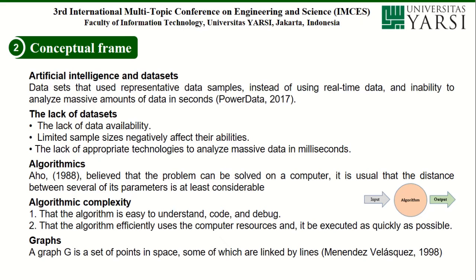Another concept is algorithmics. Knowing what problem is going to be solved is only half of the job. In dealing with problems, they generally do not have a precise and straightforward specification. So problems such as creating a gourmet-worthy recipe or preserving a work piece may be impossible to formulate in a way that supports a computer solution, although it is believed that the problem can be solved on a computer.